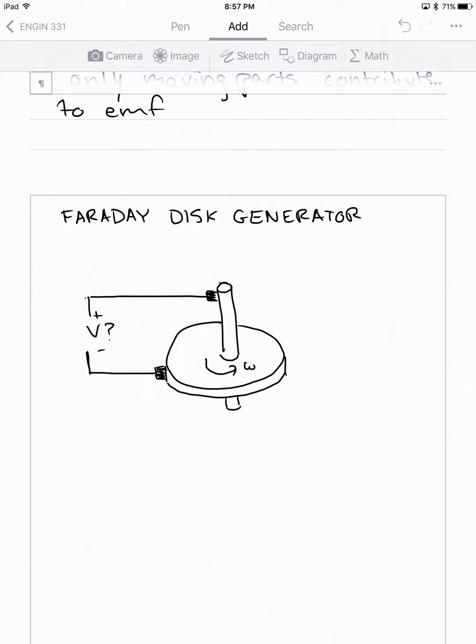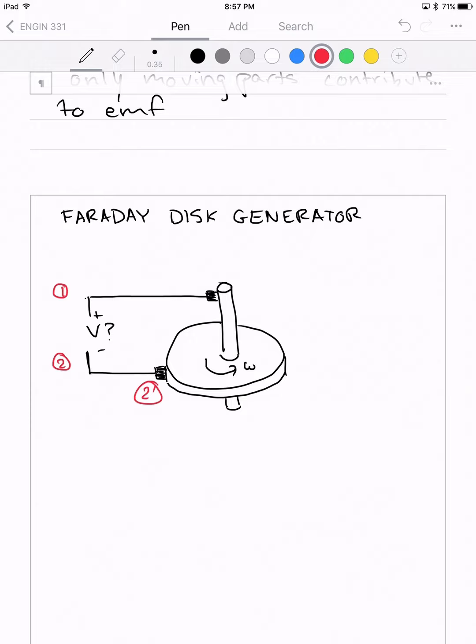Let's also define a particular circuit on this diagram, okay? So I'm going to change my color so this is easy to look at, and then I'm going to label some of the points on here. We're going to say that our circuit goes from 1 to 2 to 2 prime. 2 prime is the place where the brush contacts the disc.